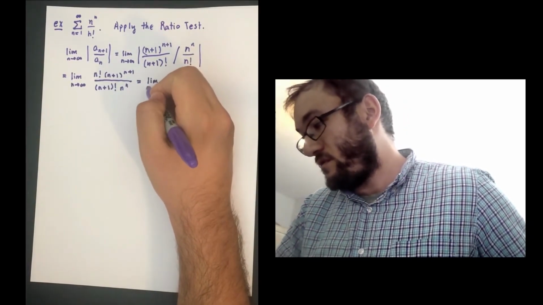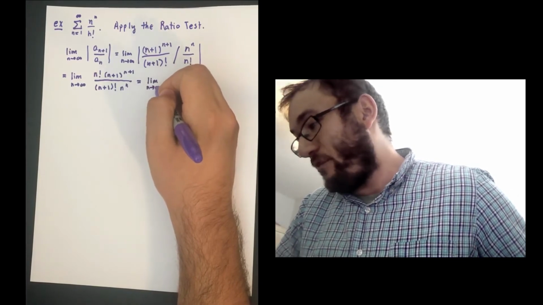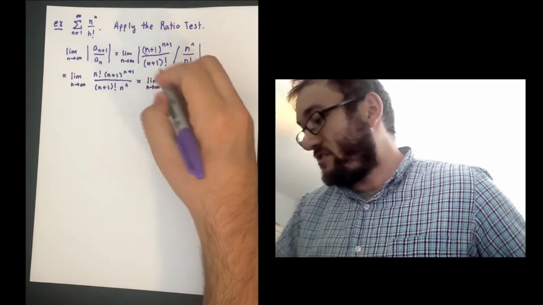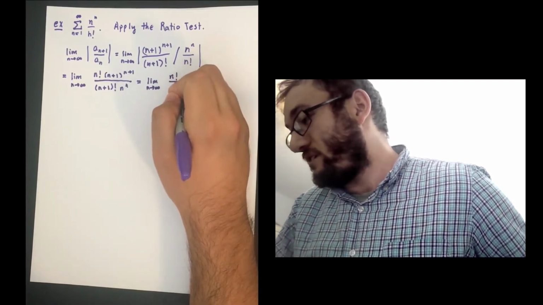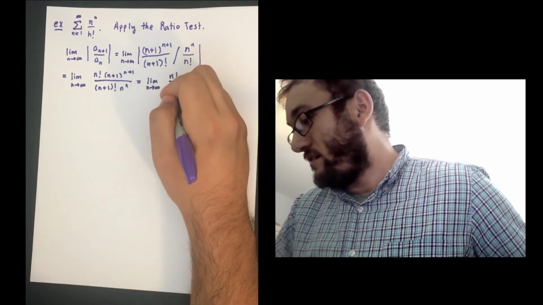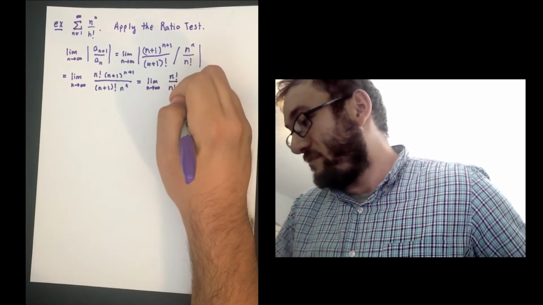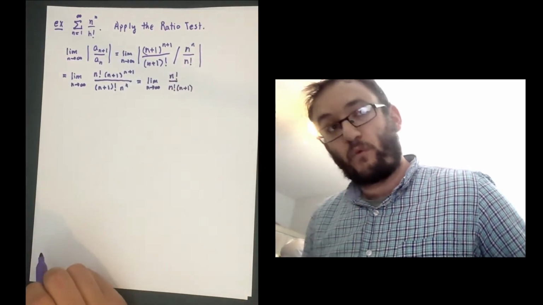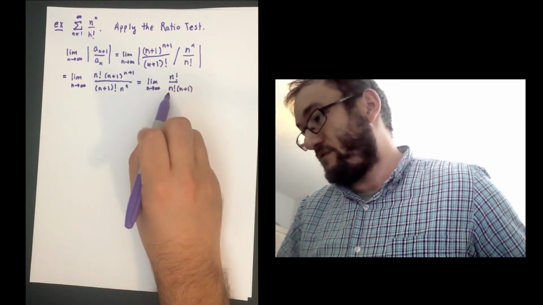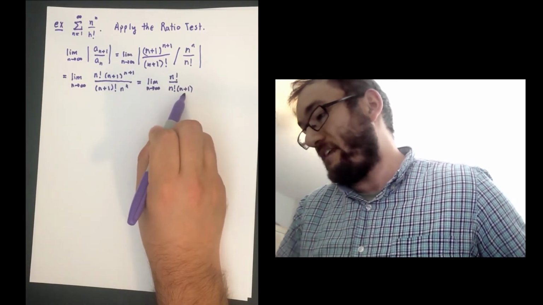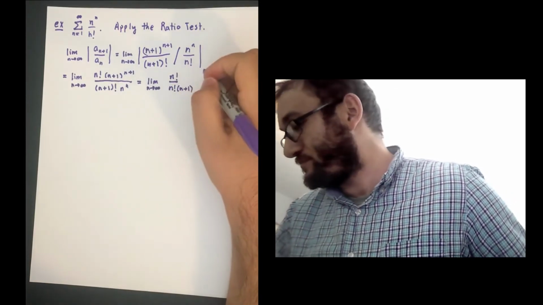So I can actually pull out that last integer, and what this equals is n factorial divided by n factorial times n plus 1. Okay? Because this is the first n integers, and this is that n plus 1th integer.